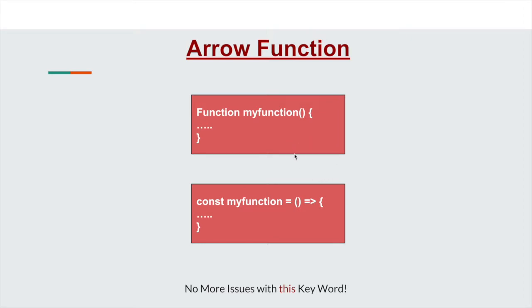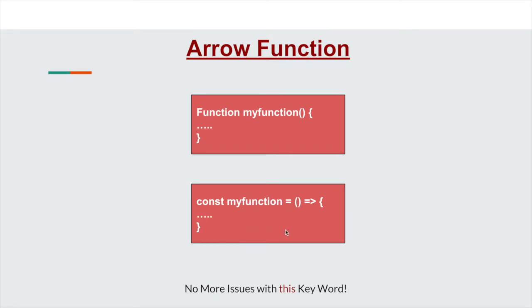A normal JavaScript function, of course, looks like this with the function keyword. You may also note a syntax where you have var myFunction equals function. Now an arrow function looks like this.